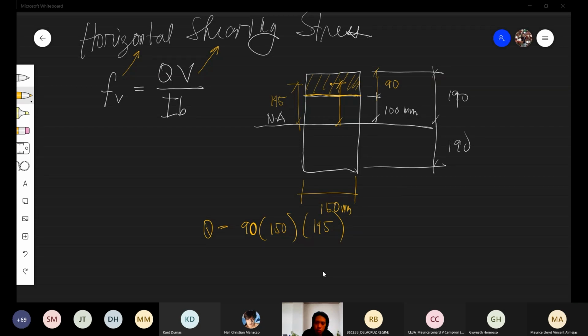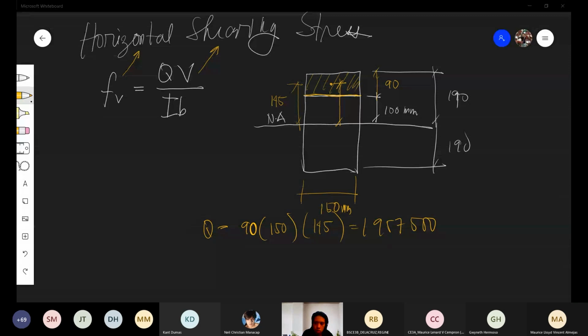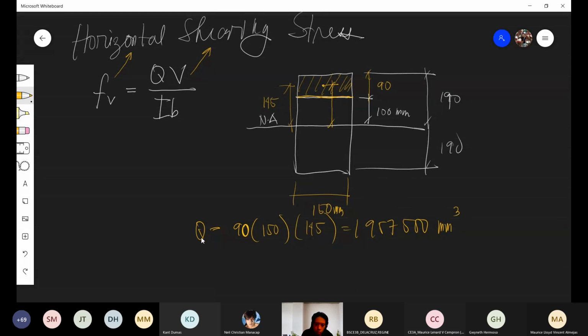That is equal to 1,957,500. Is it right? Yes, sir. 1,957,500, this is in mm raised to 3. So this is Q.